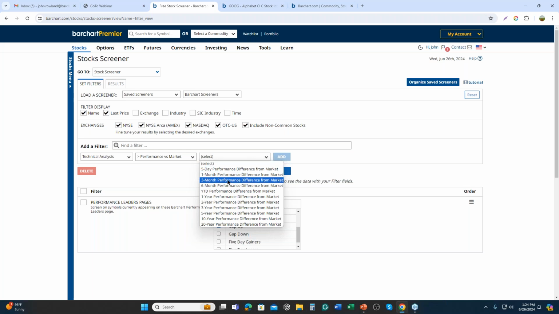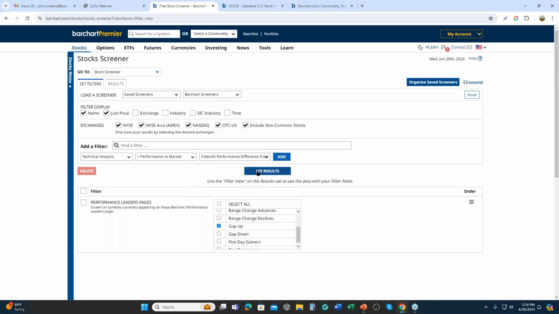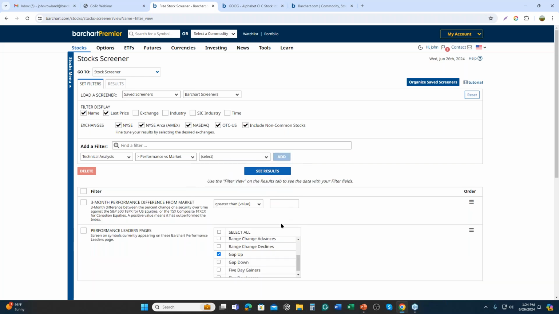So let's just look at those stocks that have outperformed the market for the last 3 months. I'm not going to put a value here, I'm not going to say how much I want it to, but you could. You could say, I want to make sure it outperforms by at least a certain percentage.